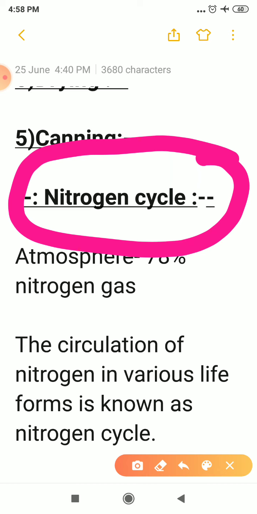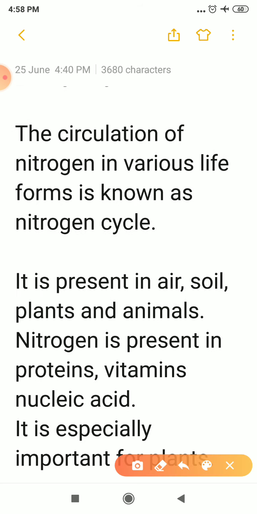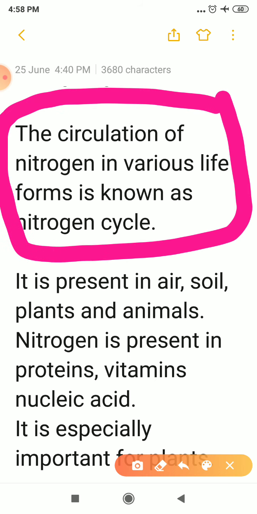The circulation of this nitrogen in various life forms is known as the nitrogen cycle. Here it is defined: the circulation of nitrogen in various life forms is known as the nitrogen cycle.